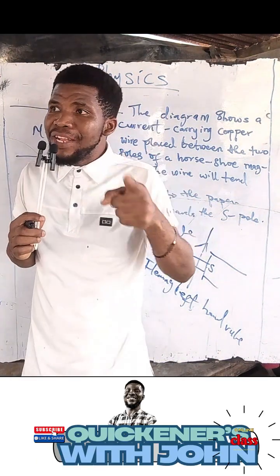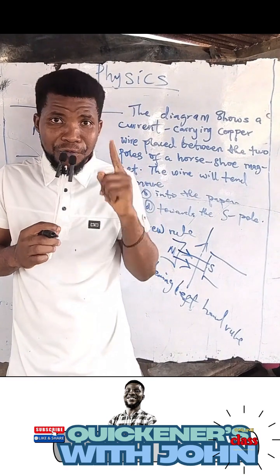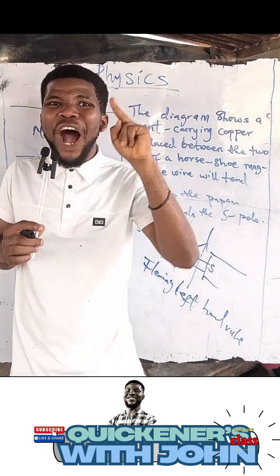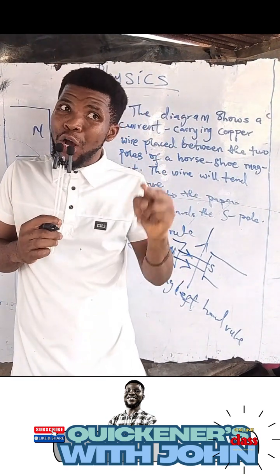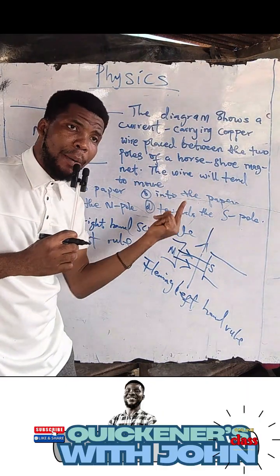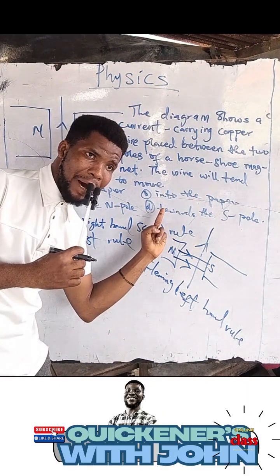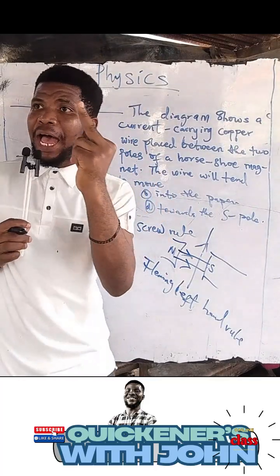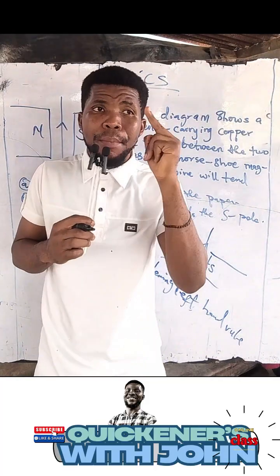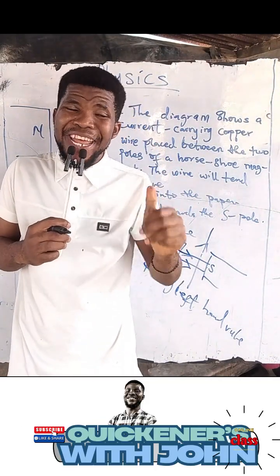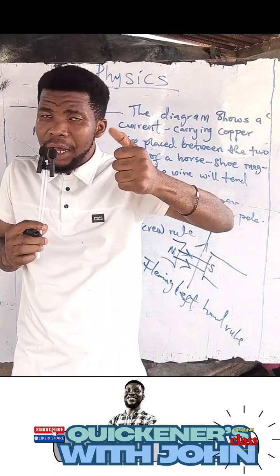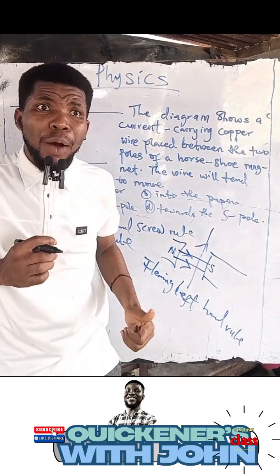So this first finger points the direction of the magnetic field. Then the second finger points the direction of current. The middle finger points the direction of current. Then your thumb will point the direction of motion.